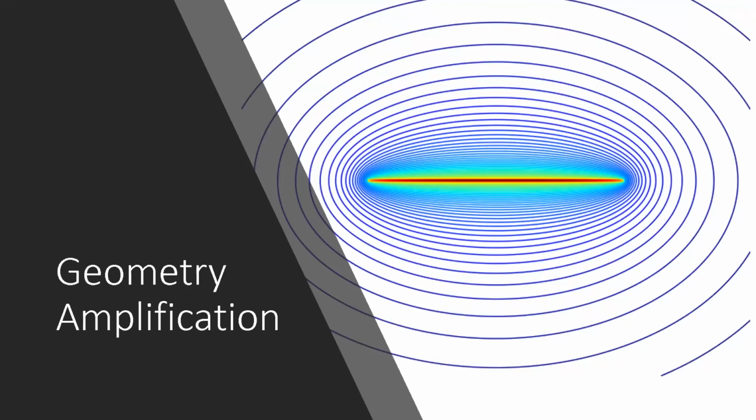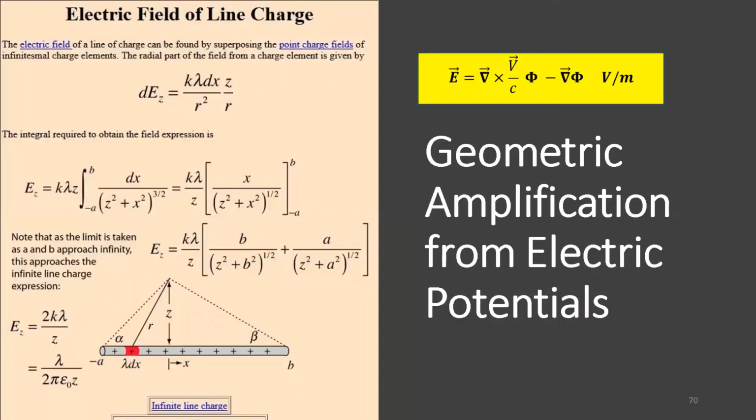Okay, now this is where I'm going to go on geometric amplification. This is where you generate large field components from the cross product. So for an electric field from a line charge, if you had a line that had a charge, you're going to generate an electric field that is greatest near the center of this line charge.